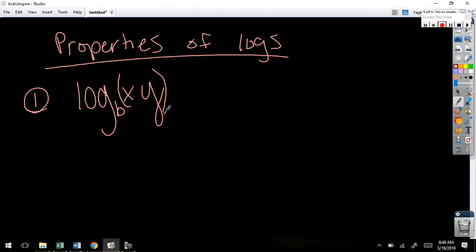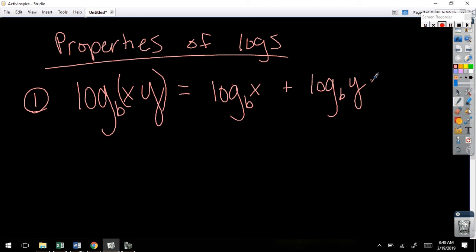You add them, right? Well, because b is only written one time, that's the base. Okay. So I know that I can change this. This is just a little trick to help you remember why it works, because if you're multiplying with exponents, then you add. Then I can split this up as log base b of x plus log base b of y.